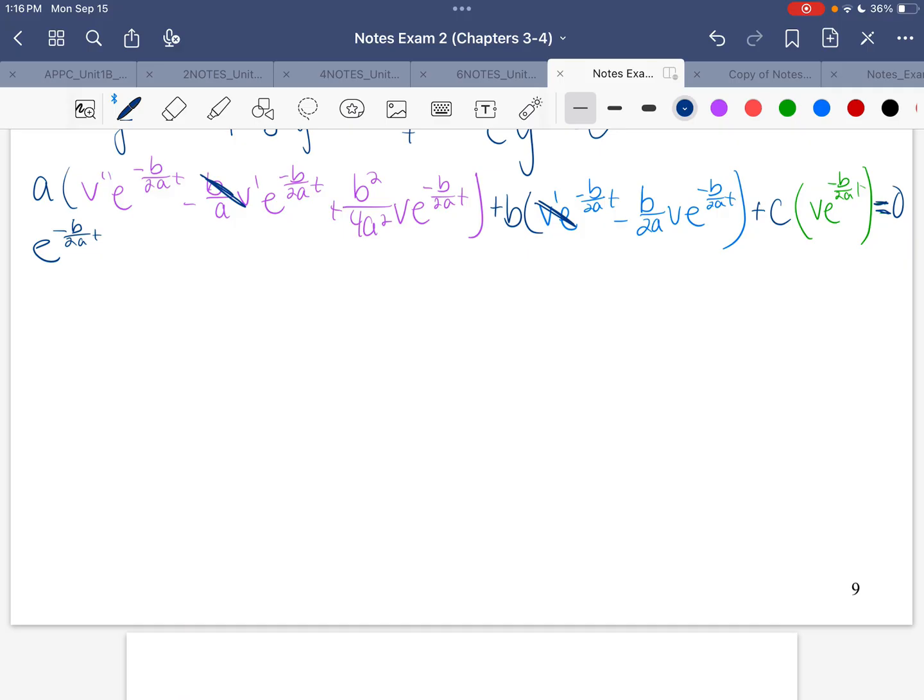And we have a v double prime. And then the constant, I think it would help if I did one more term. Plus minus b squared over 2a v plus c v.